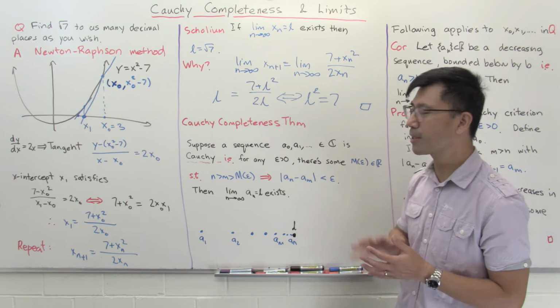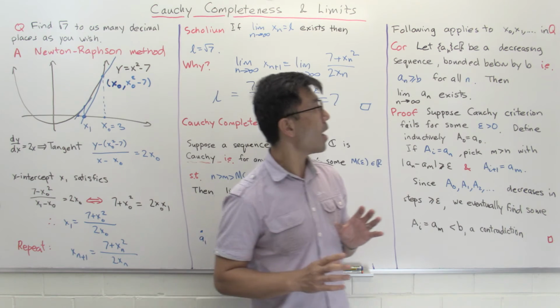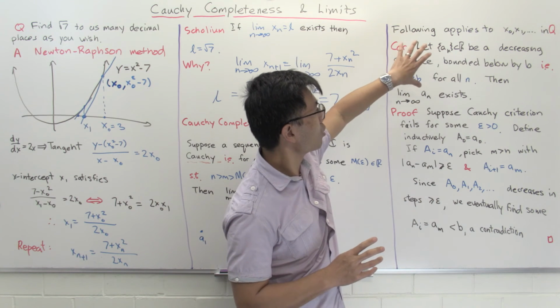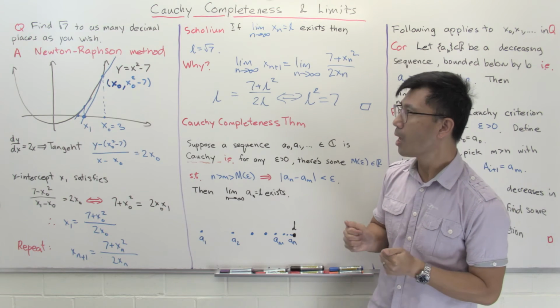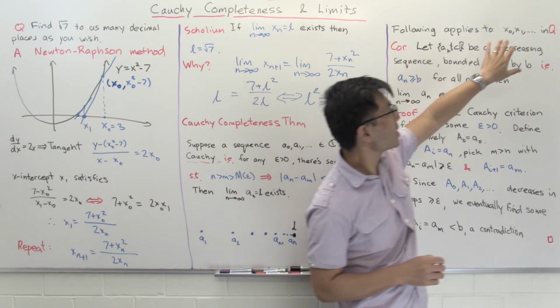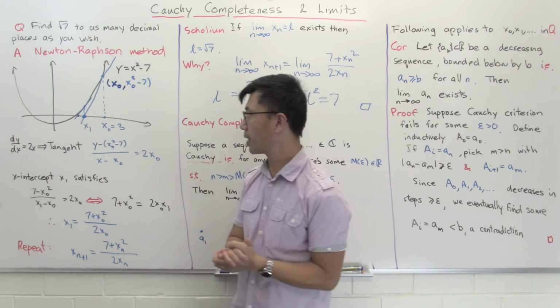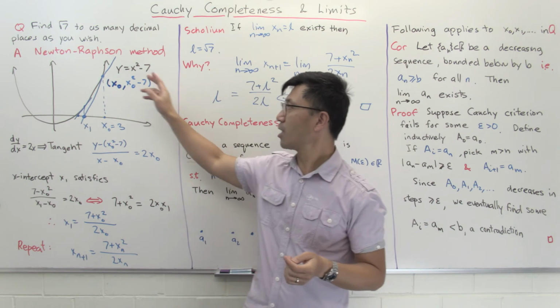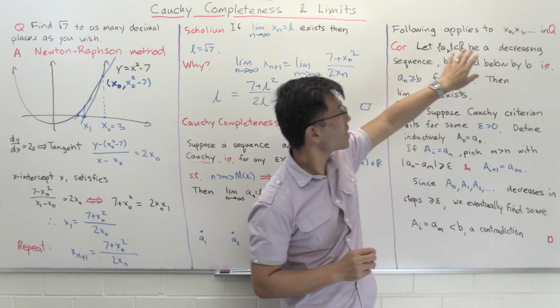It's a little bit complicated, and I think the best thing is probably to see an example where it works. In particular, I want to show you this corollary, which follows from the Cauchy completeness theorem. And this corollary actually applies in this situation here. So the corollary says the following.